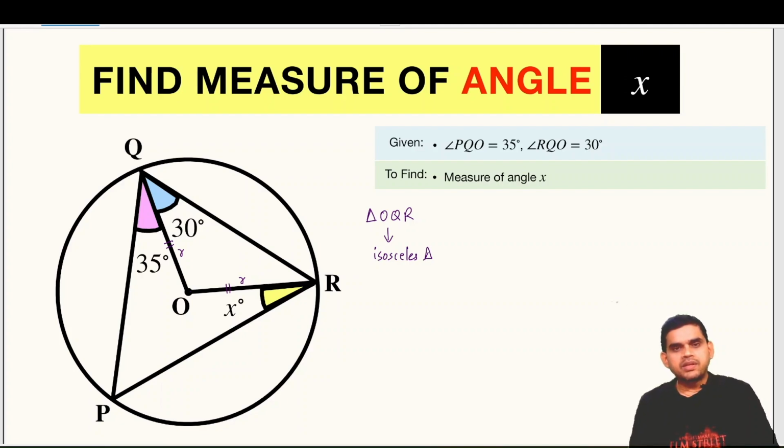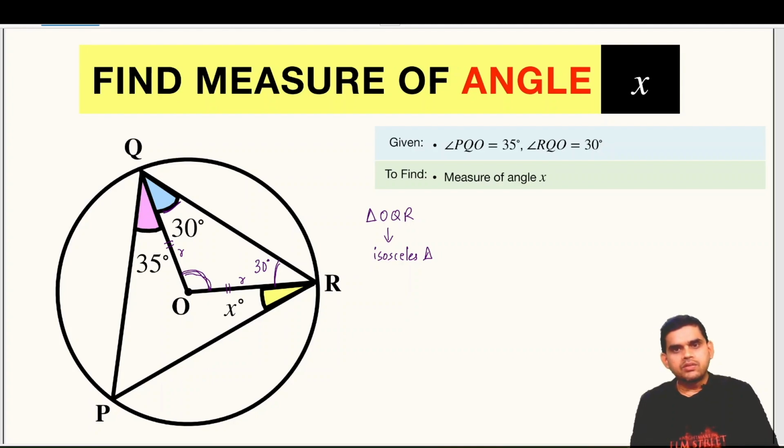And we know the property of an isosceles triangle, that the angles opposite to equal sides are also equal. So this angle will be equal to this angle. That means each will be 30 degrees. Now if this is 30 degrees and this is 30 degrees, the remaining angle will be what?